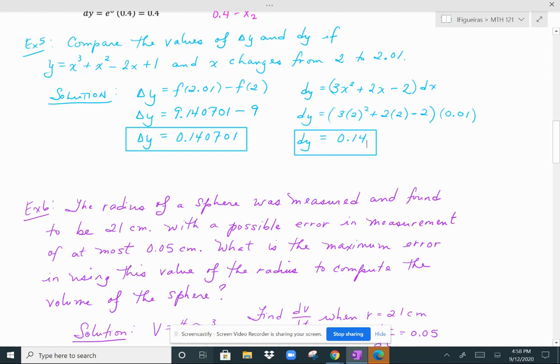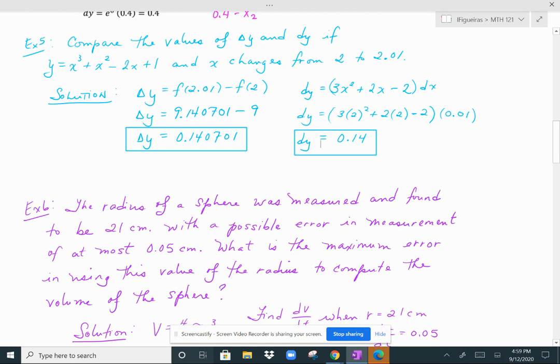What is the maximum error in using this value of the radius to compute the volume of the sphere? So you're told that you computed a radius of a sphere to be 21 centimeters, but there's a possibility of an error in your measurement of at most, so not more, it could be 0.05 centimeters or less.